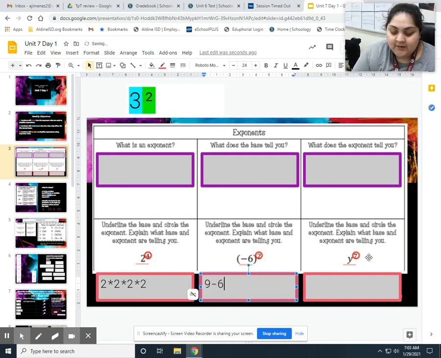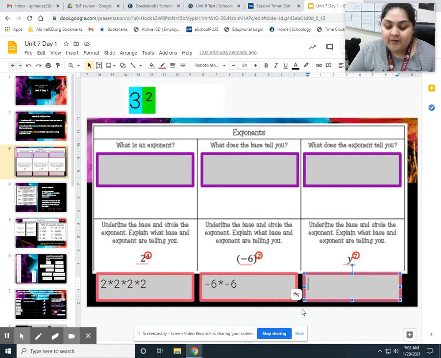Negative 6. I'm just going to put it without parentheses because I can't. Negative 6. All right, what does that mean? I'm demonstrating to you what it's supposed to show you, but I need you to be able to tell me what it means.